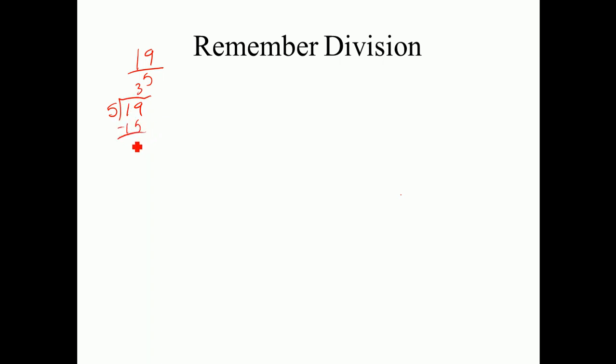And then you subtract to get 4. And then this 4 right here is your remainder. So what we do with this 4 is you take the remainder, put it over the divisor. So basically when you do 19 divided by 5, you should get 3 4/5. That's how we usually did it.